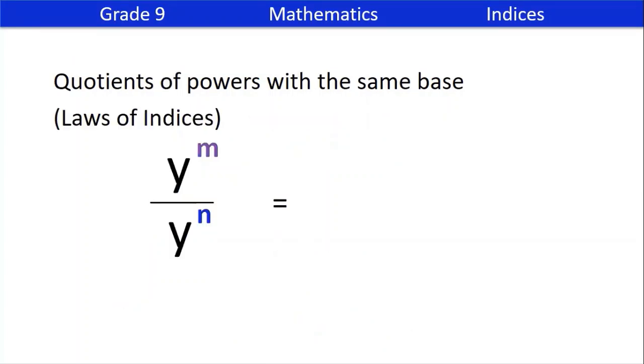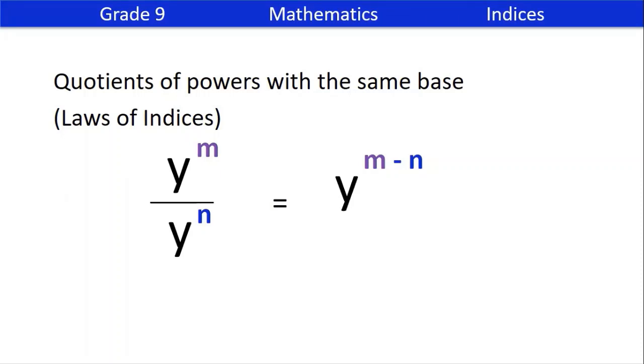So with that, we can have a new law of indices. That is, if we take the quotient of powers with the same base, in the answer the index is equal to the difference of the two indices which we used initially for the division. Simply, if we are dividing y to the power m by y to the power n, that is equal to y to the power m minus n.